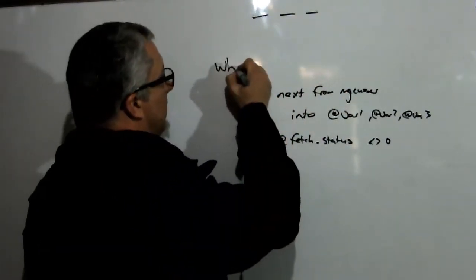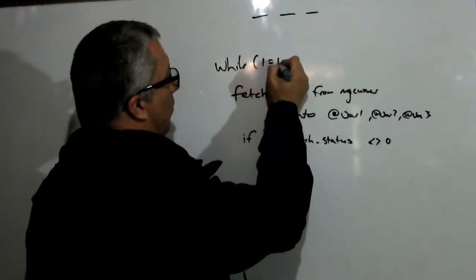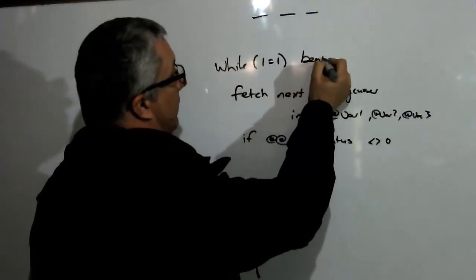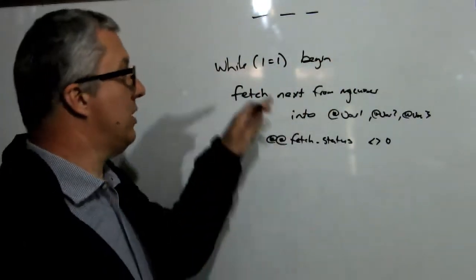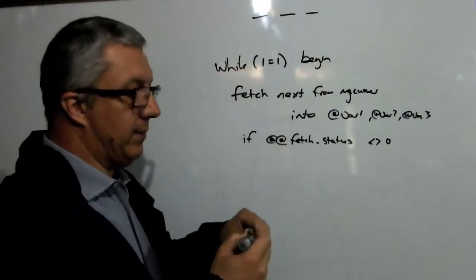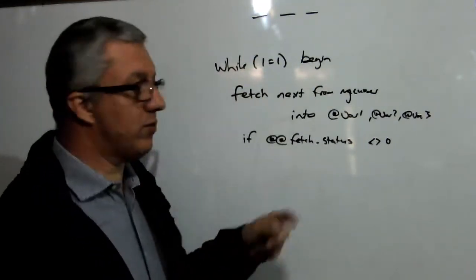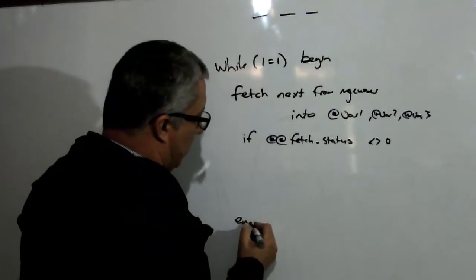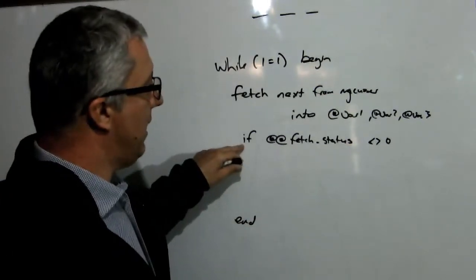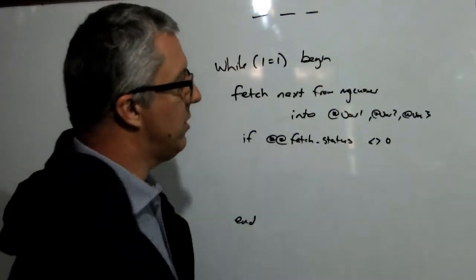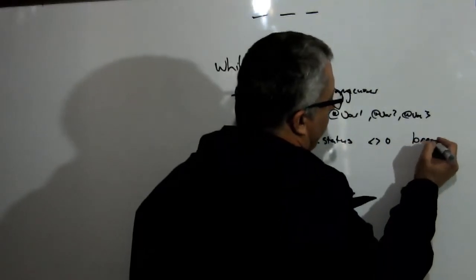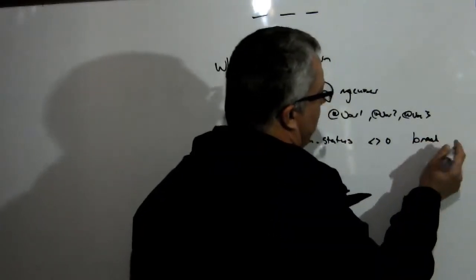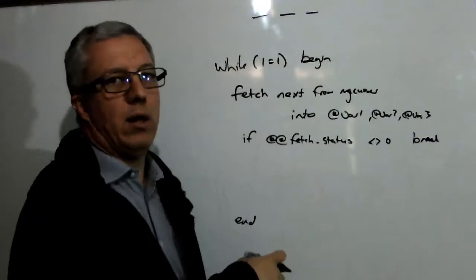So what I'll do is I'll say while 1 equals 1. Very dangerous because it's always true. But in this case it works fine. And my while's going to end there. Then I say if my fetch status is not 0, I will break. And break basically means break out of my while.